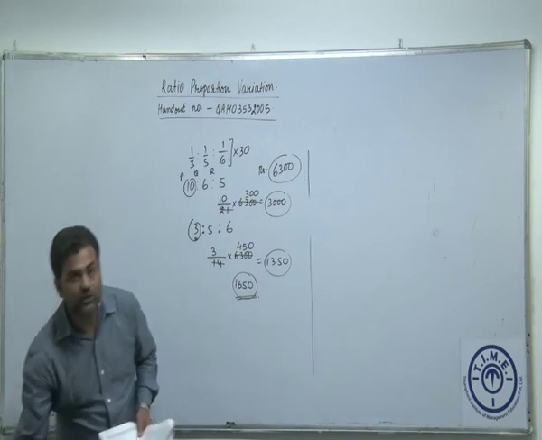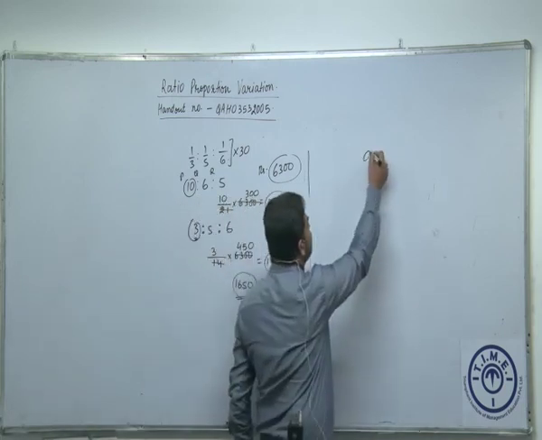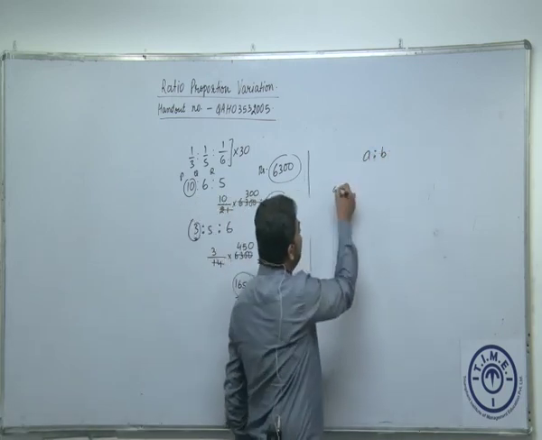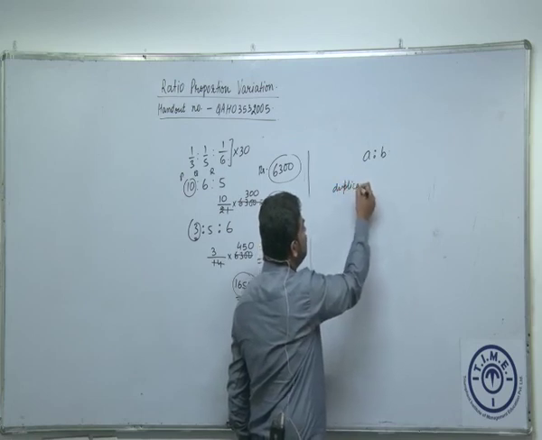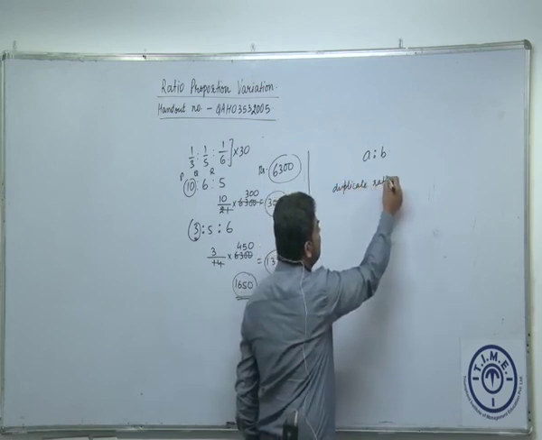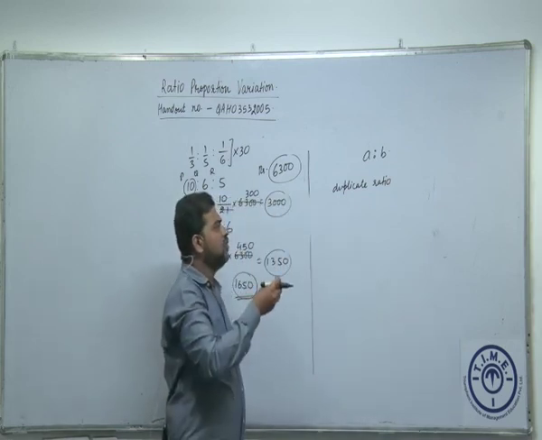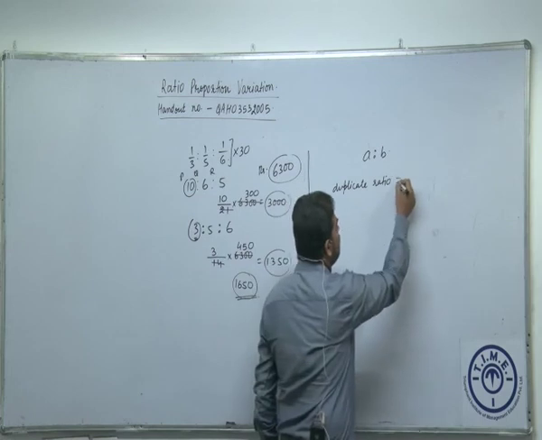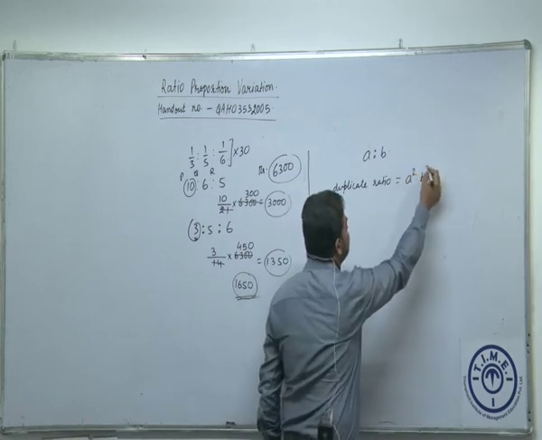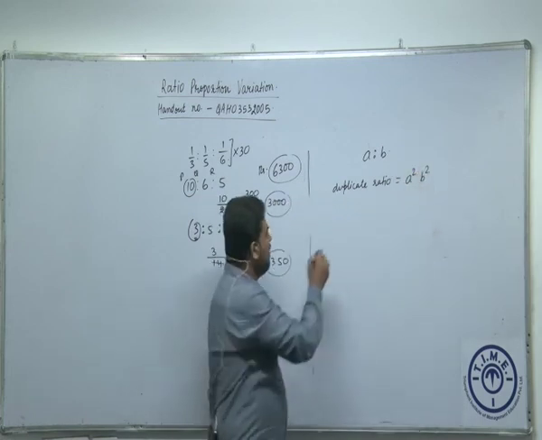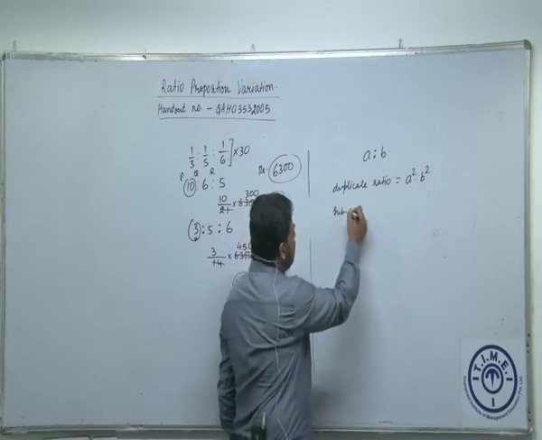Let us say the ratio is A is to B. If the ratio is A is to B, we define a term called duplicate ratio. Duplicate ratio of A is to B will be equal to A square is to B square. Then we have subduplicate ratio.